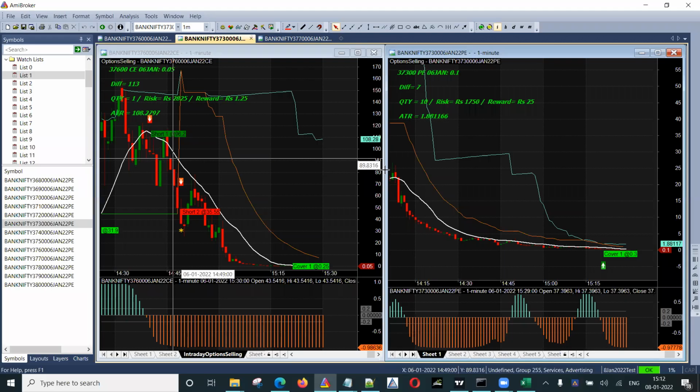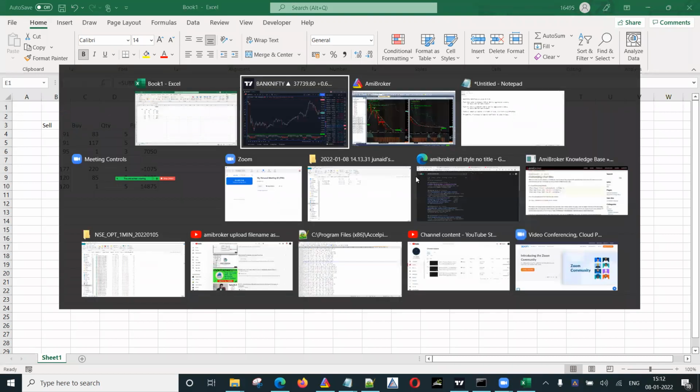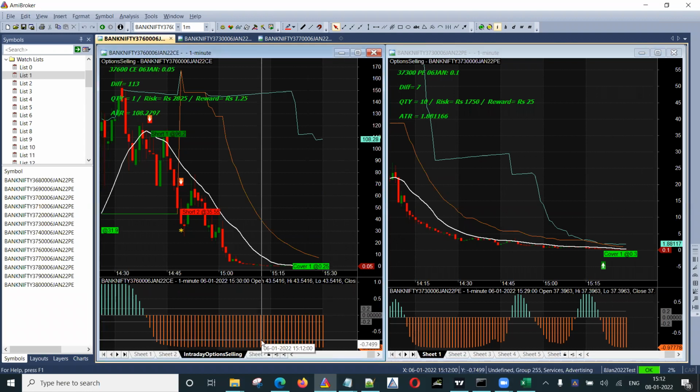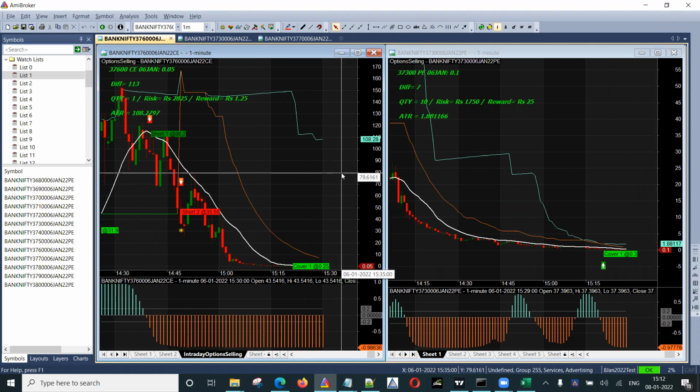However, in this difficult market, we were able to capture 21,000 rupees on a capital that you can decide how you'd like to trade on. So I have considered maximum 10 lots on the call side and maximum 10 lots on the put side. Now, the margin that it requires to short one lot or 10 lots is around 1.2, 1.3.